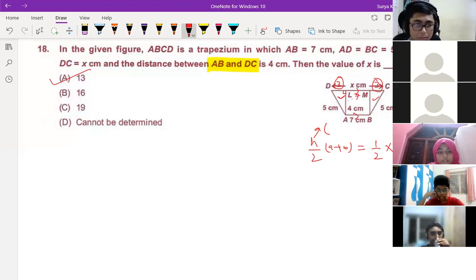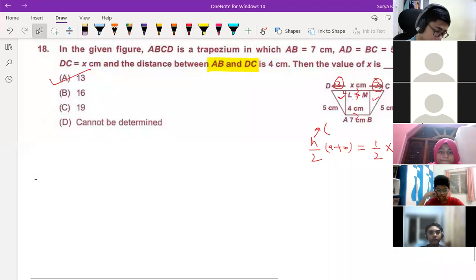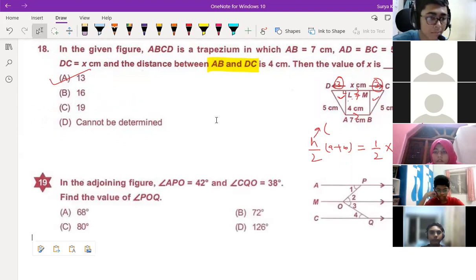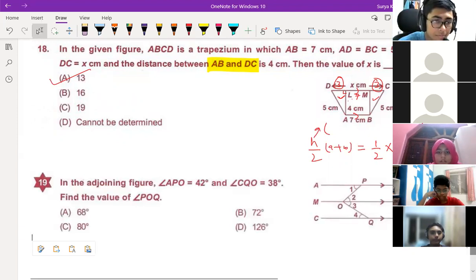Okay. Now question number 19. See question number 19, all of you.